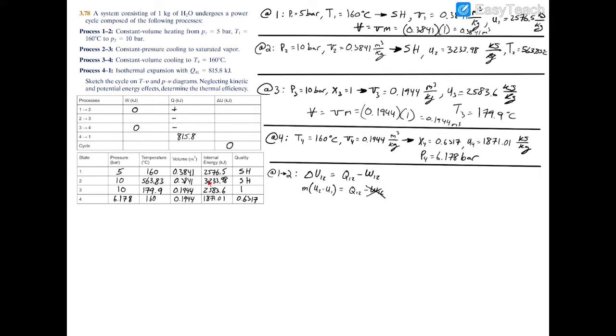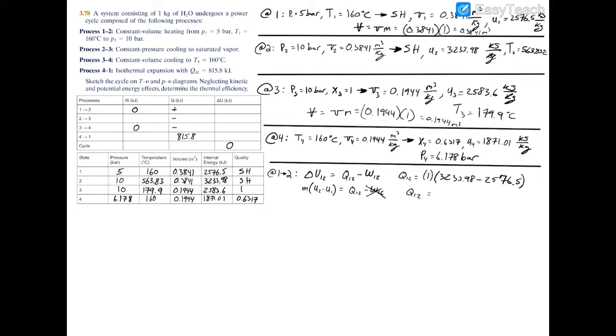Luckily, we already have all of our specific internal energies right over here, and we have a mass of 1 kilogram. So the heat transfer from 1 to 2 is equal to 1 kilogram times the difference of 33.98 minus 2576.5 kilojoules per kilogram, which will just give you kilojoules.